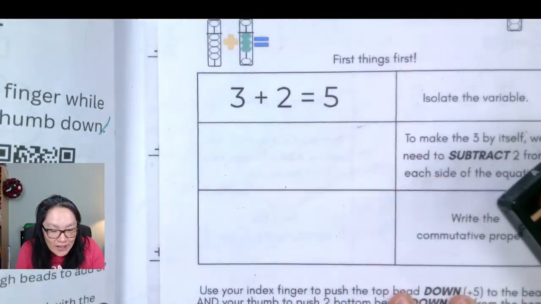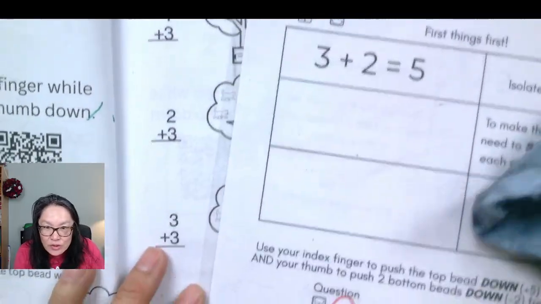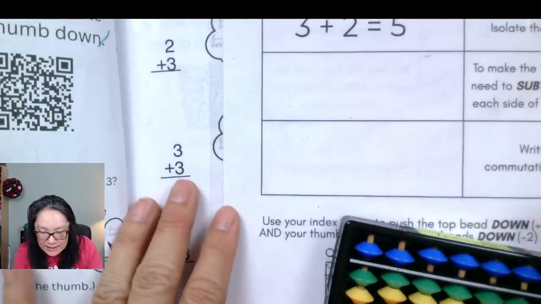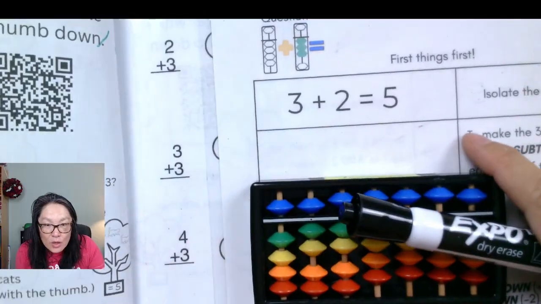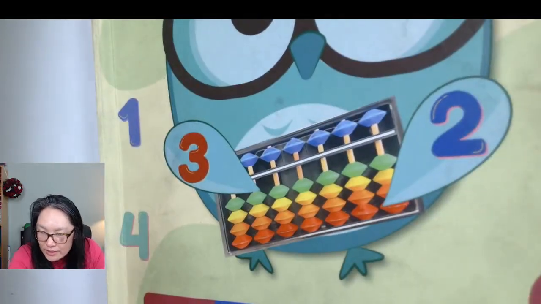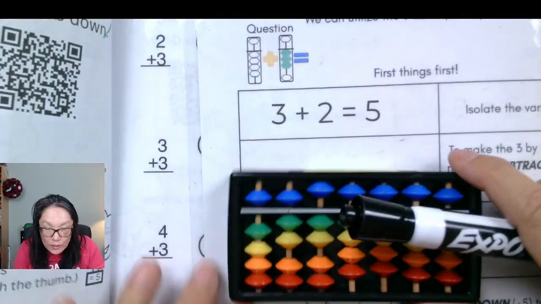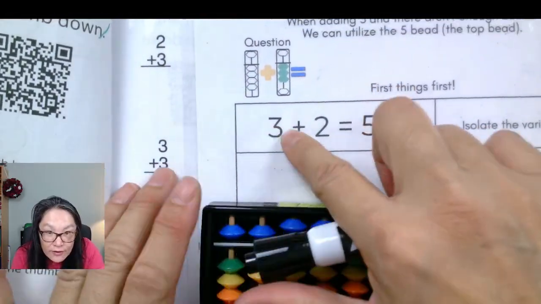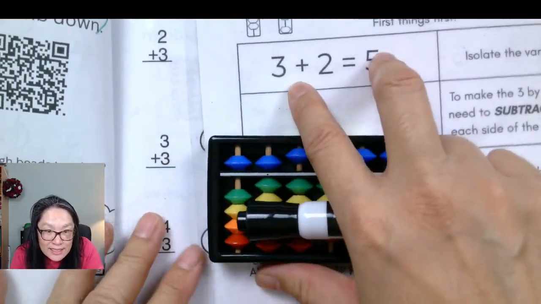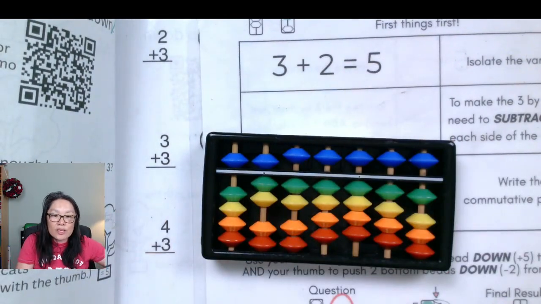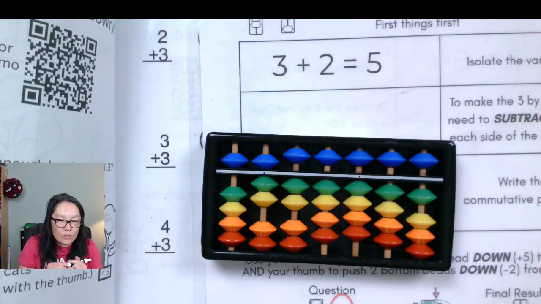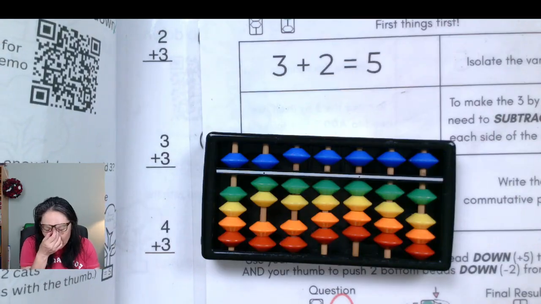So here's the 3. When we do the 3, let's do 3 plus 3 because that's easy. When we do 3 plus 3, remember, this is the same concept. So what we're doing is we're solidifying our concept. We're compounding our math knowledge.